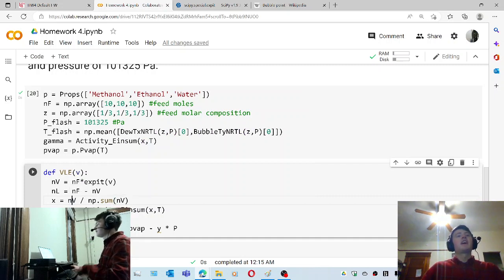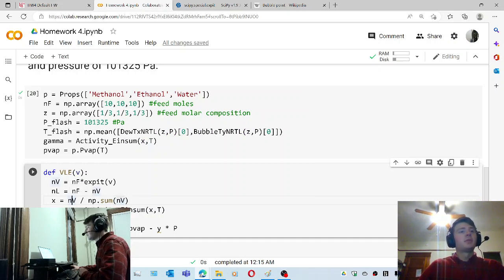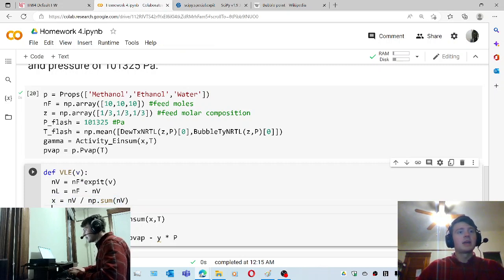So if there's 5 moles of water, 5 moles of ethanol, and 7 moles of methanol, then that would be like 5, and 7 divided by the sum of all three of those components, 17. And then likewise, y, I'll just program y the same way. Y is going to be the same thing but for the liquid phase.